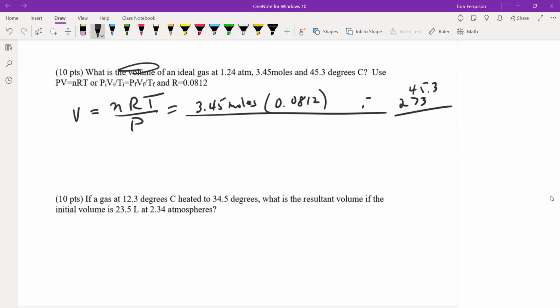So we're looking at all over 124 atmospheres. Just a straight substitution into PV is equal to nRT.